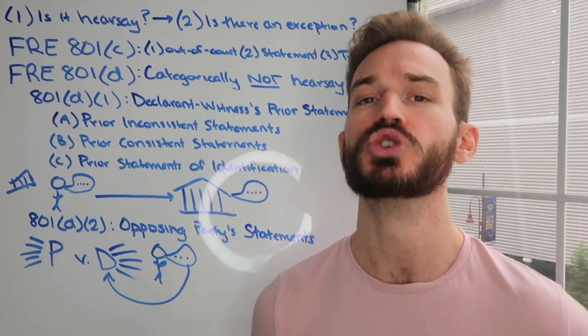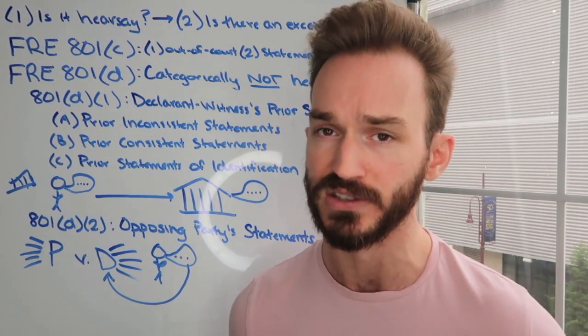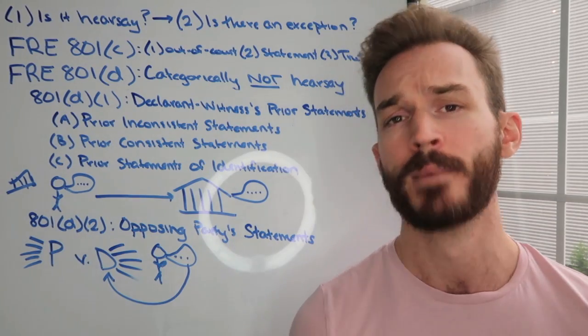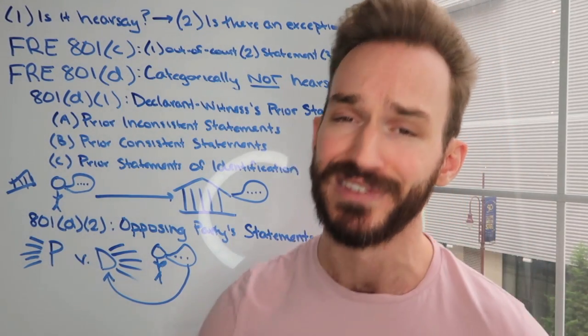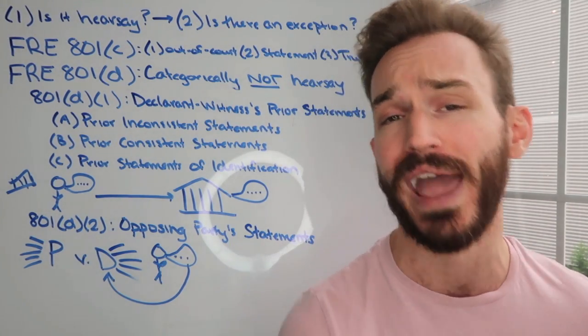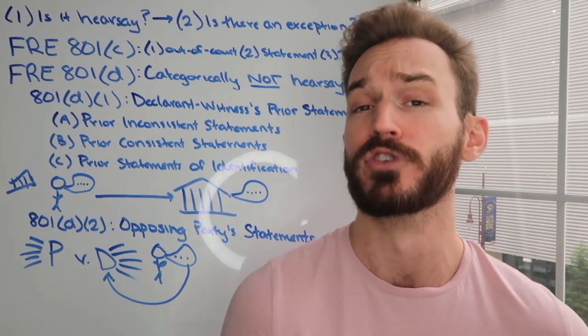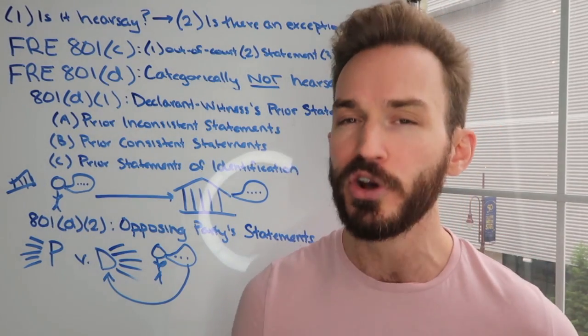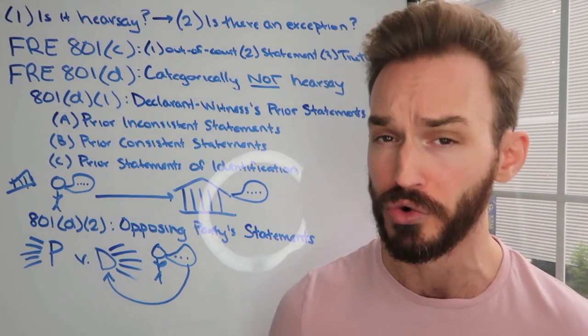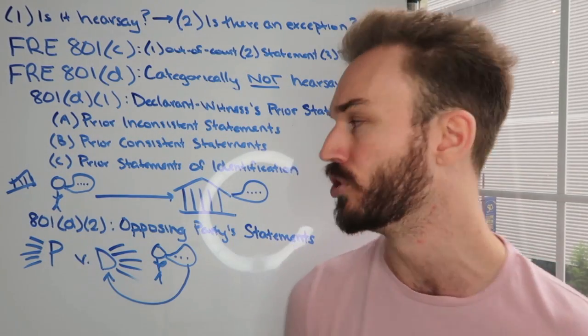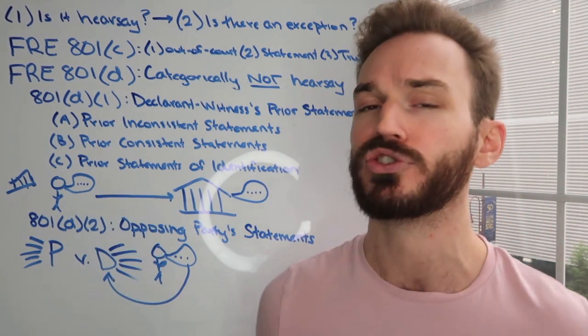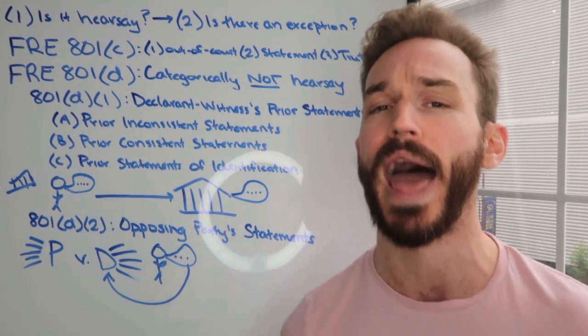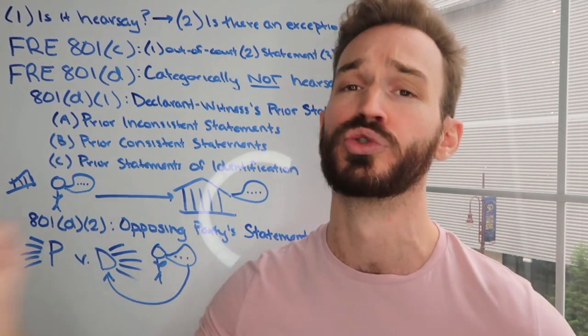Generally speaking, you can't put on character evidence of a person's truthfulness before their credibility has been attacked. This is Rule 608 of the Federal Rules of Evidence if you want to look it up. But you'll hear this referred to as bolstering the witness, and you're generally not allowed to do it. Before somebody's credibility has been attacked, you're not allowed to talk about how honest or truthful they are.